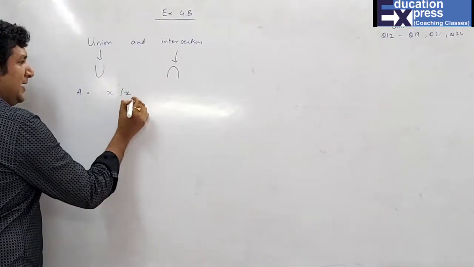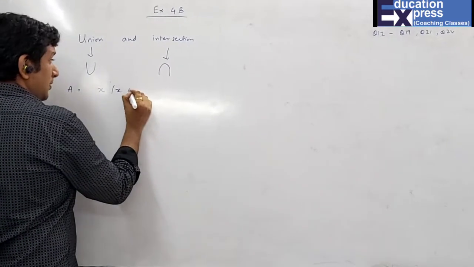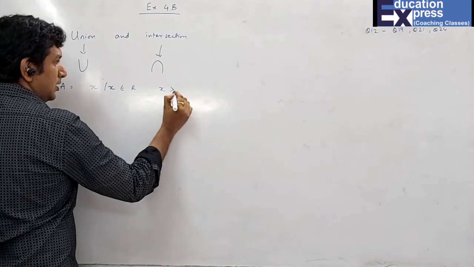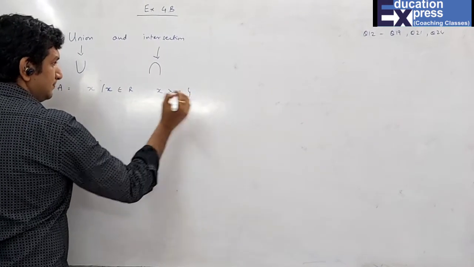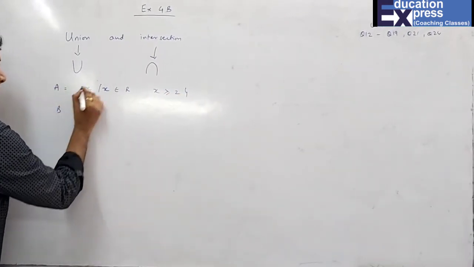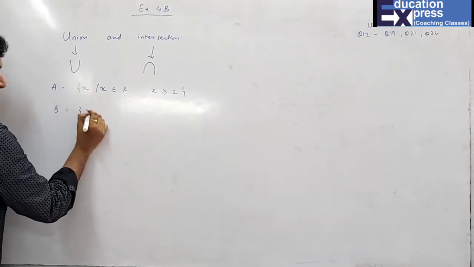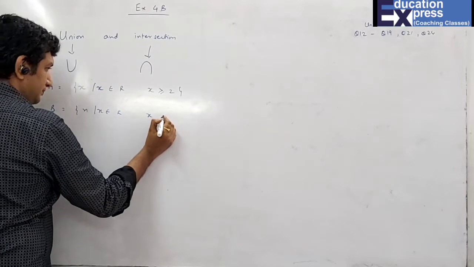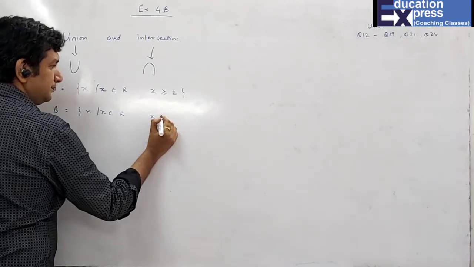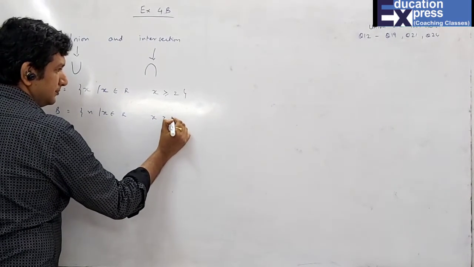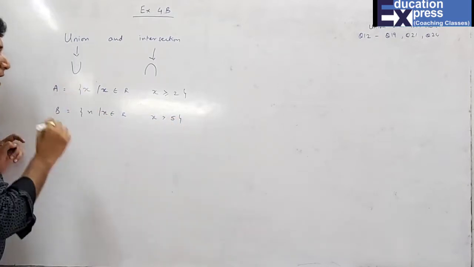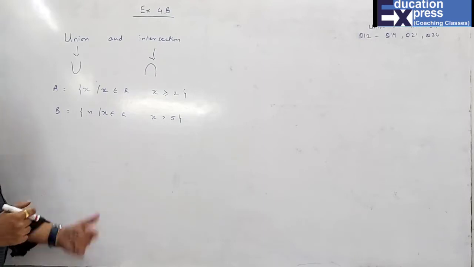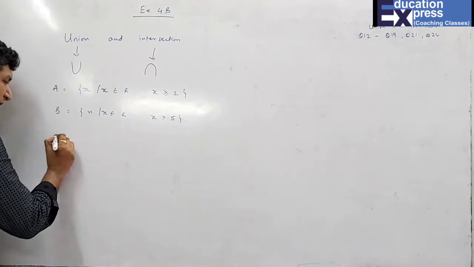X such that X belongs to real numbers and X is more than or equal to 2, and B. So now I have to find, let us say, first union and then intersection.